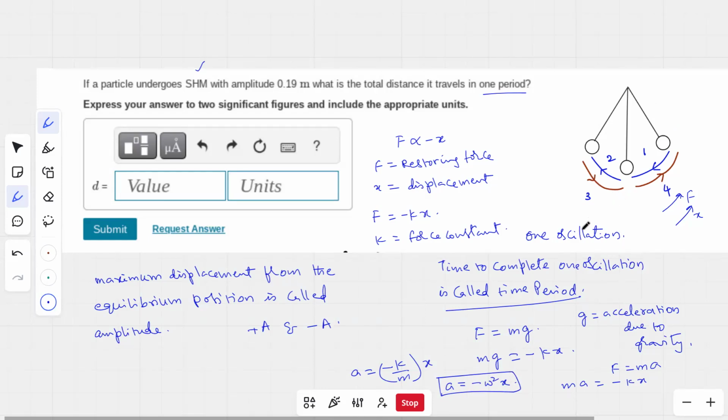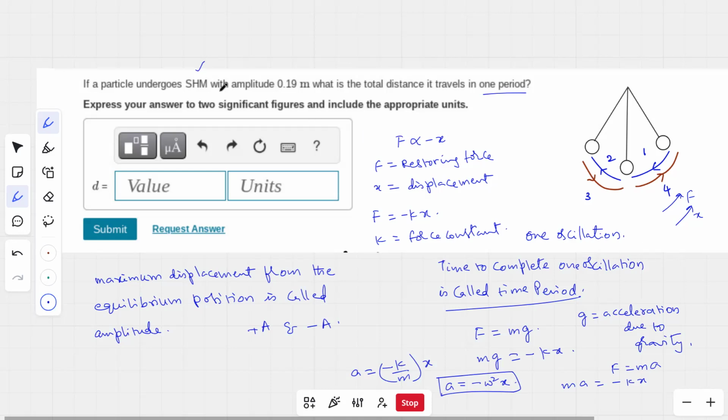Simple harmonic motion is a special case of oscillatory or periodic motion.